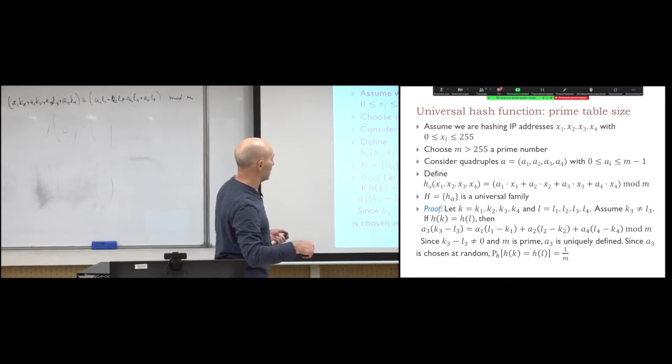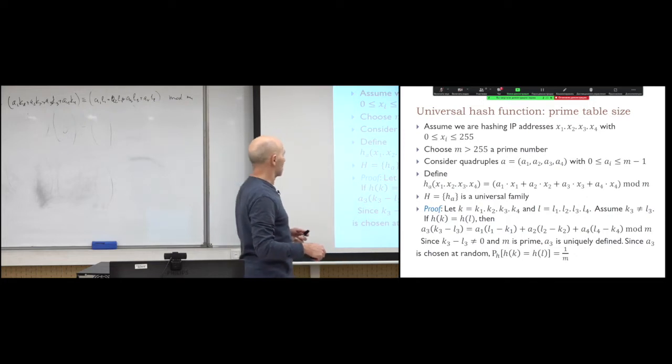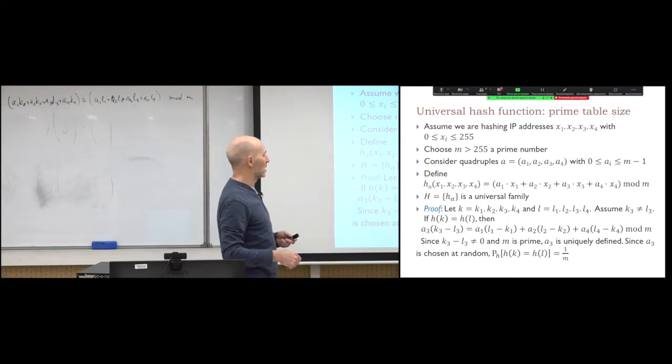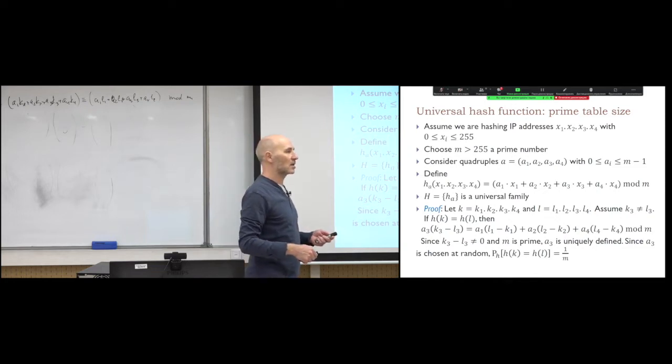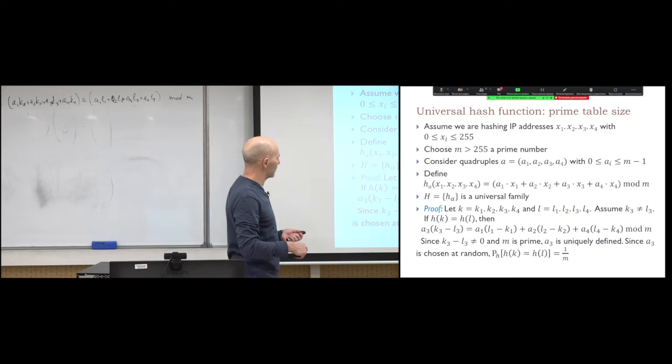And a3 is defined uniquely from this. After fixing a1, a2, and a4, we still have to pick a3, and only one value of a3 verifies this equality, which means that for these keys to collide, the probability is 1 over the number of choices for a3, which is 1 over m.